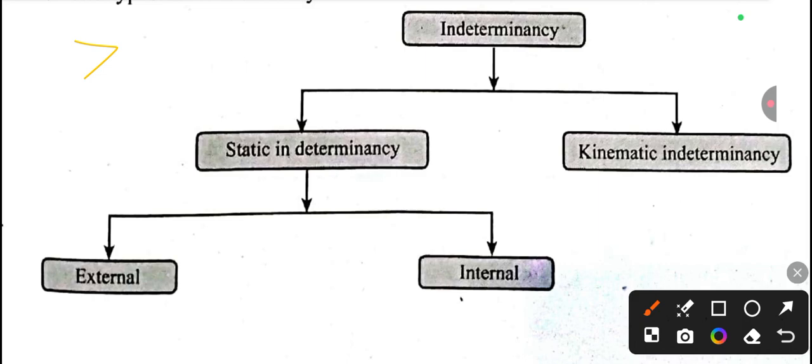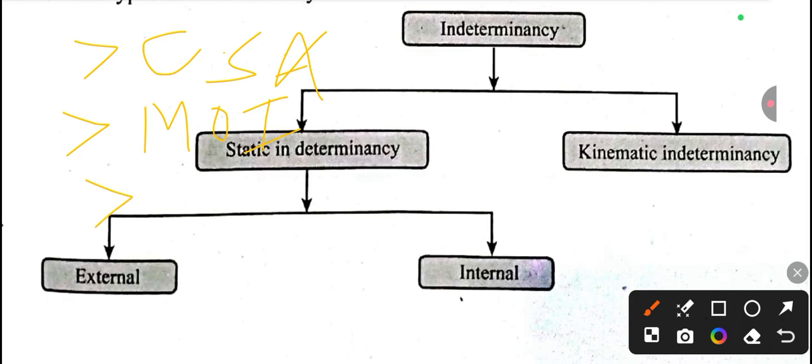So indeterminate structure is dependent upon CSA, cross-sectional area. Another one is that indeterminate structure depends on the moment of inertia, or MOI, second one. And third one is that indeterminate structure is dependent on the material property.